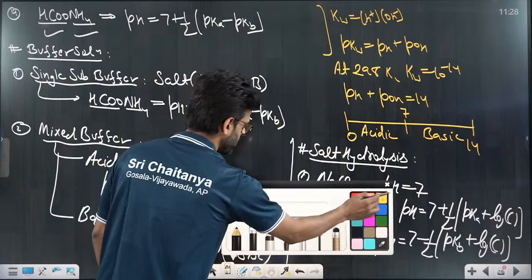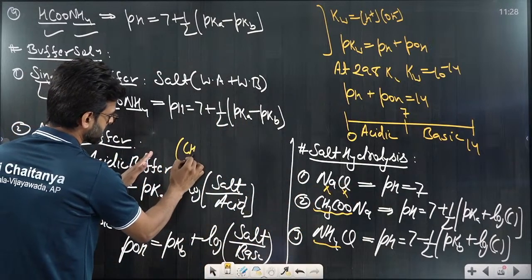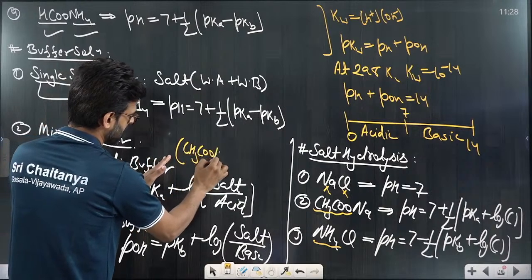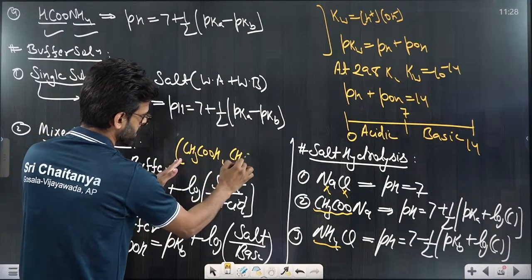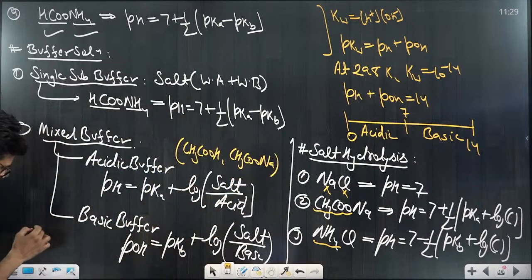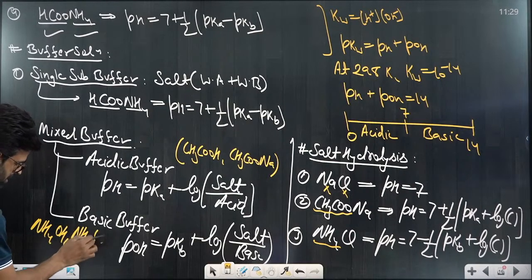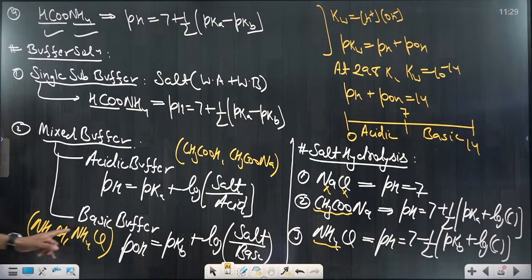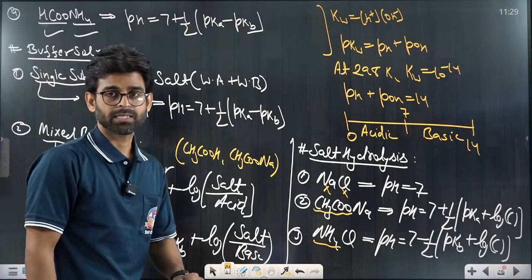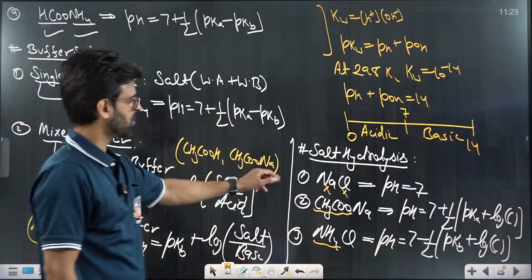An acidic buffer is made up of a weak acid and its salt with a strong base, right? Whereas a basic buffer is made up of a weak base and its salt with a strong acid, right?